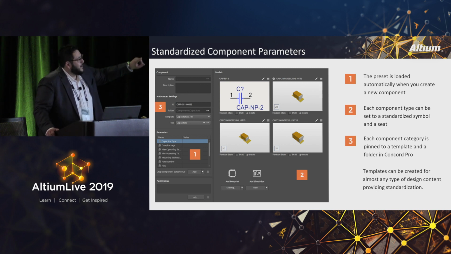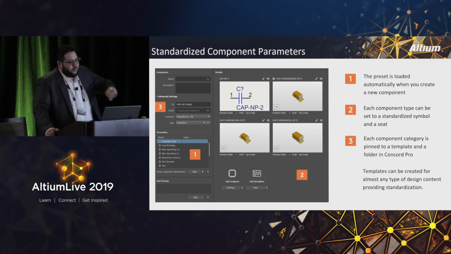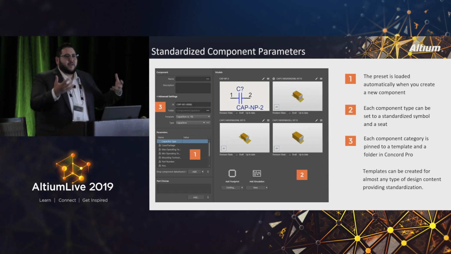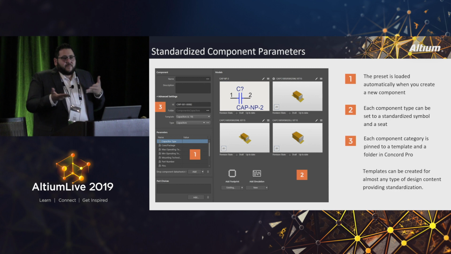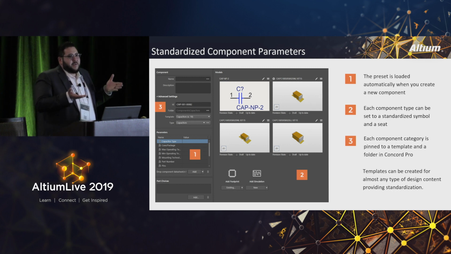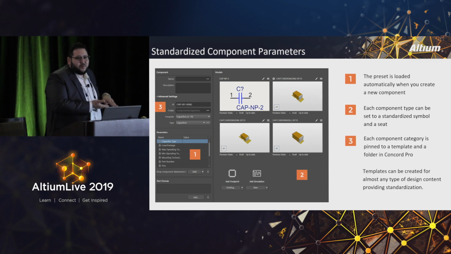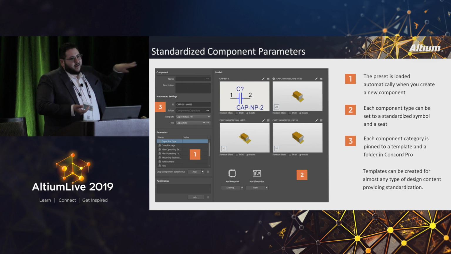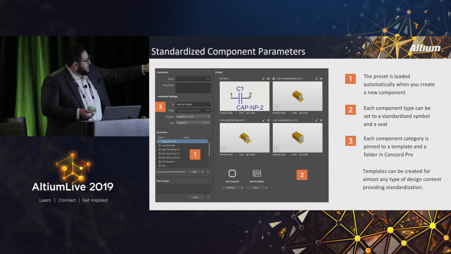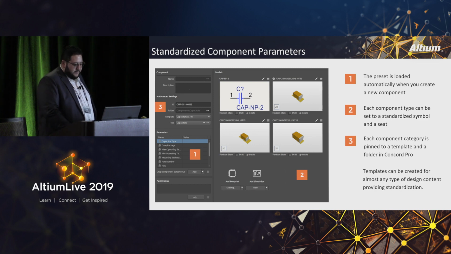As I was saying, you have preloaded information here. It is managed by component type, so you have it set up by categories. You can standardize by the type of component. I've seen a lot of people have subcategories, for example, by package size. So they'll have resistor, but they'll also have subcategories to have different types of parameters based on the different package size.